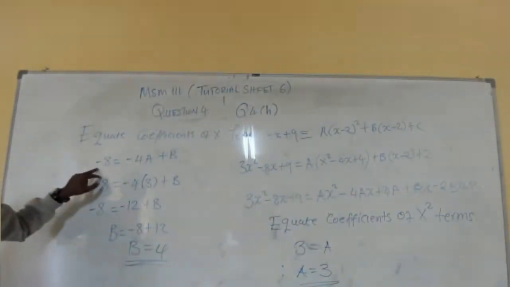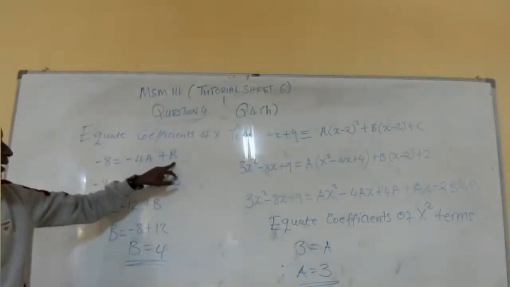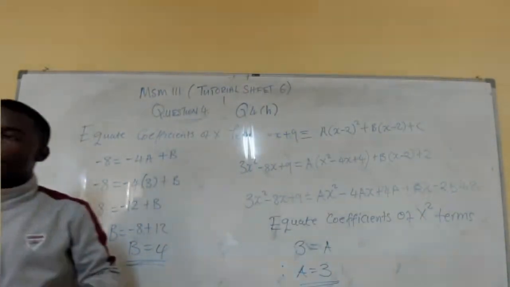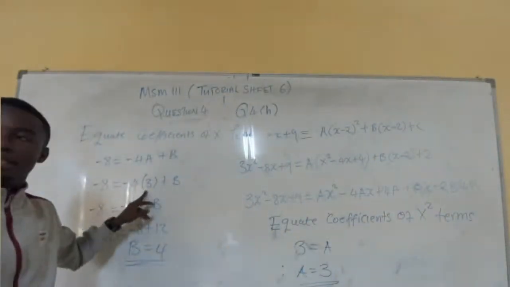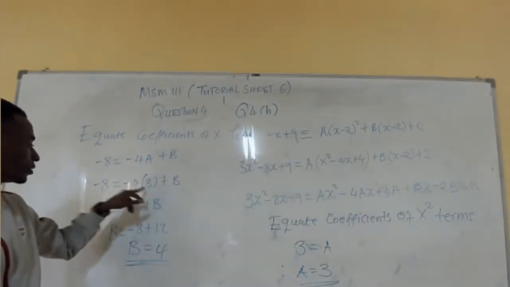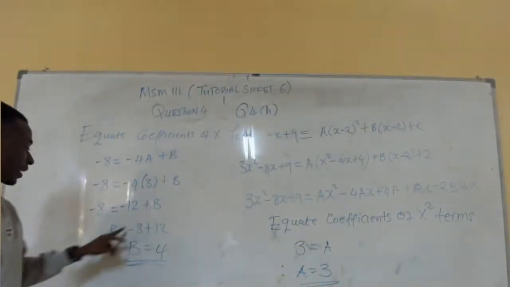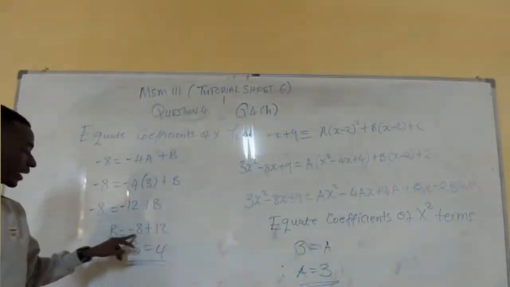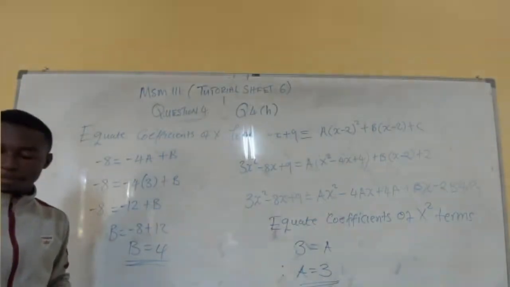So we equated here, we said -8 equal to -4a plus b. What is a? You know the value of a. The value of a is 3. So now you substitute there. Where there is a, you put 3. Then if you multiply there, you get -12 plus b. Then from there, b is equal to -8 plus 12. B is equal to now 4.